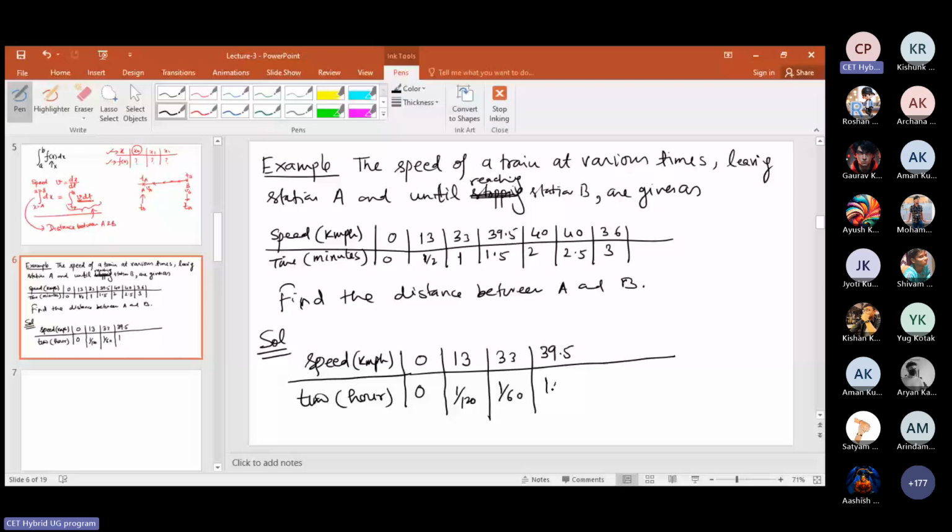Convert the decimal into a fraction. 42 by 60, that is 1/30. Same way 2.5 by 60, that will be 25 by 600, that will make it 1/24. And the last one, 3 by 60, that is 1/20.